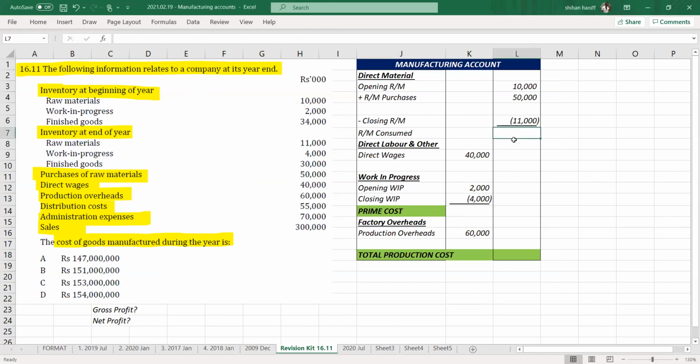Right, so let's calculate the answer. Raw material consumed is 49,000, direct wages 40,000, prime cost is 87,000. Prime cost is 87,000.